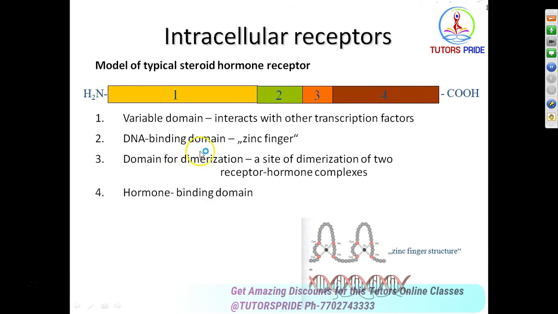The second is the DNA binding domain, that is the zinc finger. The third is the domain for dimerization, and the fourth is the hormone binding domain, which is nearer to the carboxylic acid end, COOH. So this is a zinc finger structure.